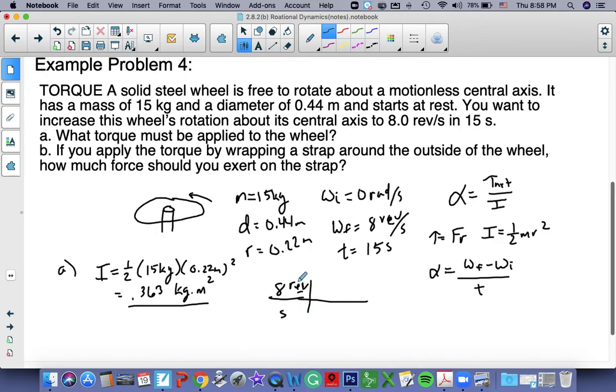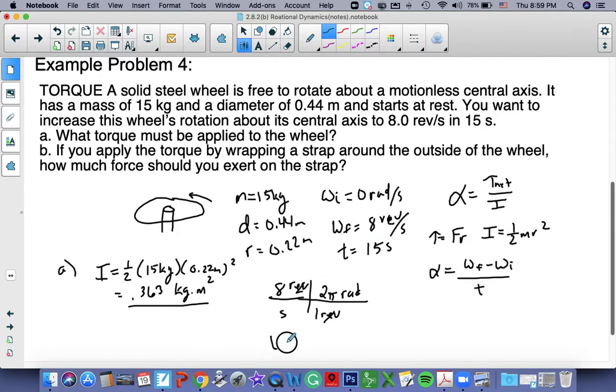We want to go from revolutions to radians. Well, 1 revolution is 2 pi radians. Okay, and that will get us to radians per second. So the revolutions will cancel out. So we just take 8 times 2 pi. That's usually the quick way to go from revolutions to radians.